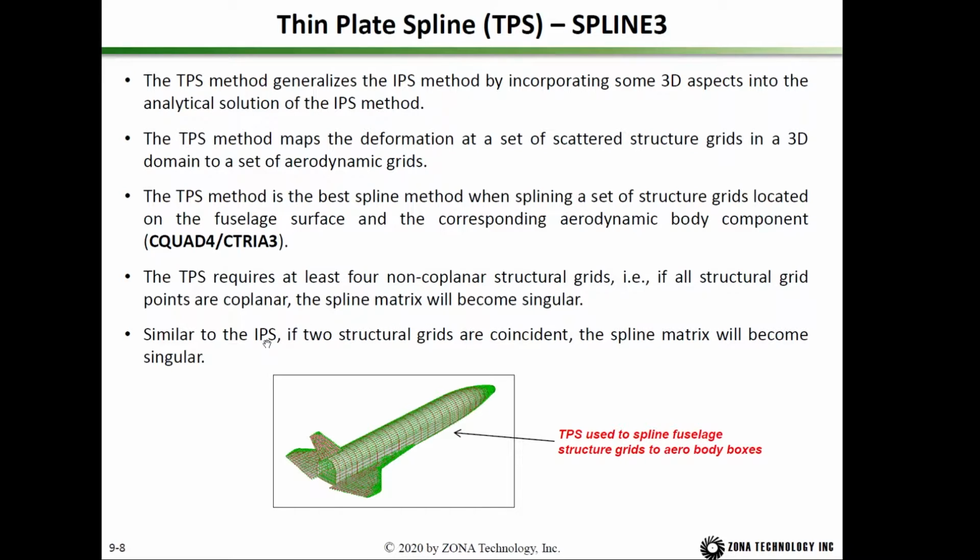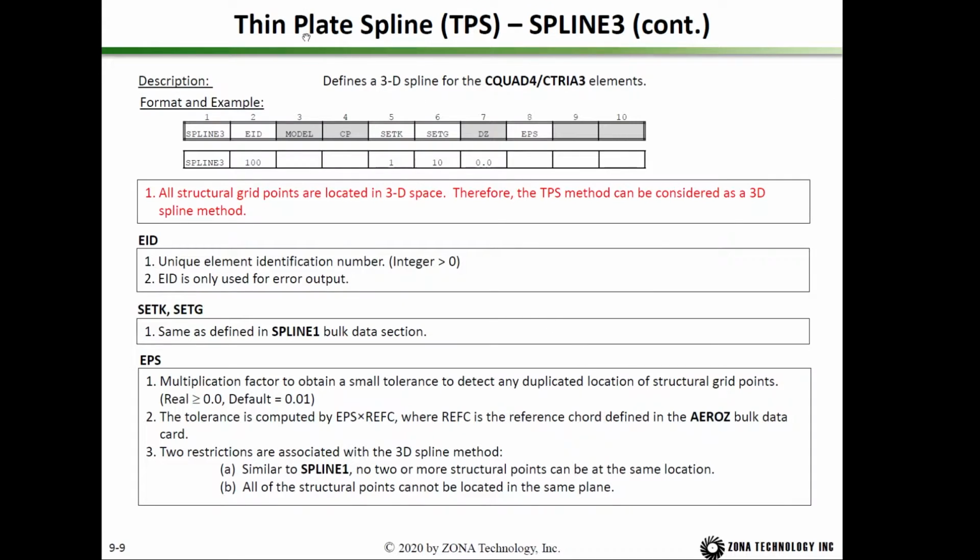And similar to IPS, if two structural grids are very close and within a tolerance, the spline matrix can be singular. So the card is called SPLINE3. You give an ID.